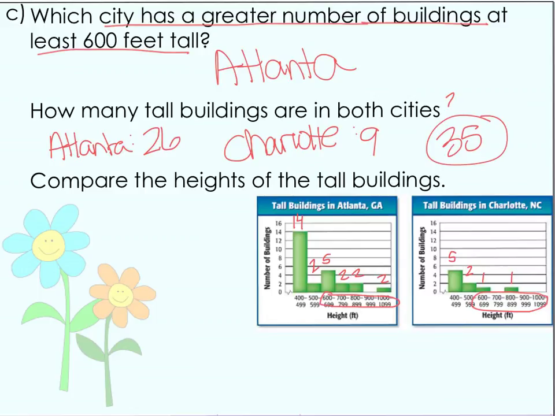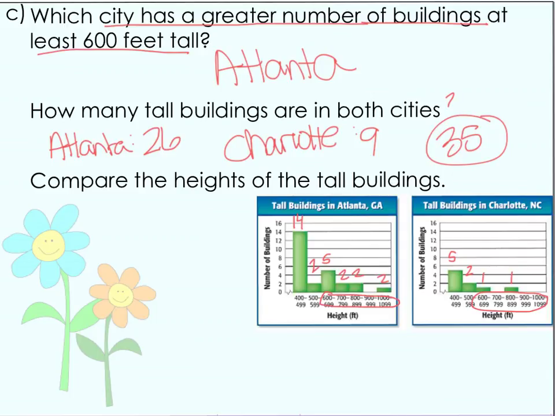You could also say that Atlanta has the tallest building between the two because this one has one in that 1,000 feet height range and Charlotte does not. So you could say something like that.